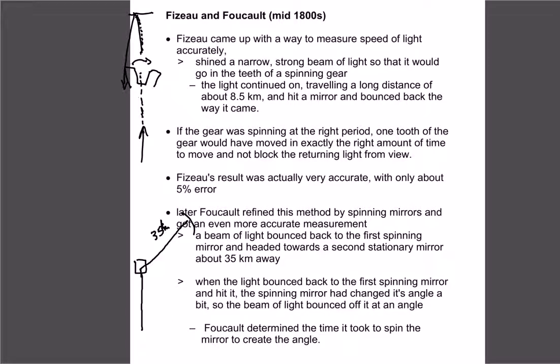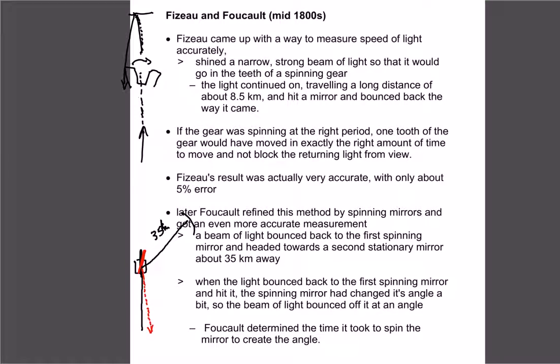and then it came back again, and then he made it so that he knew the spinning of the mirror, but when it came back, if the mirror was turned a little bit, so let's imagine the mirror's at that sort of angle to start with, but then after the light bounces back, it's now going to be at a bit of a different angle, which would then reflect the light back at a little bit of a different angle again.